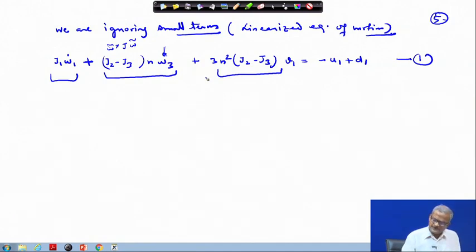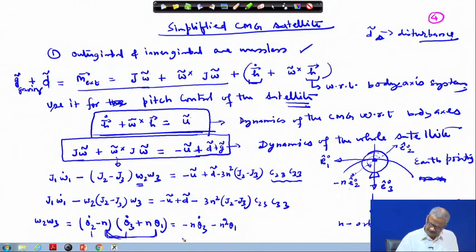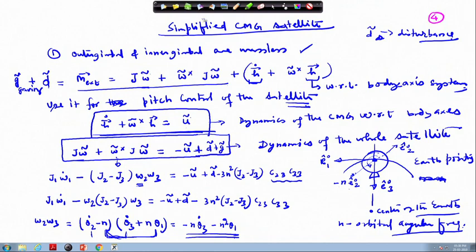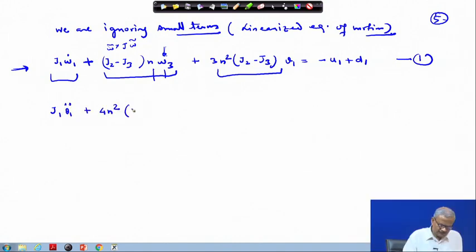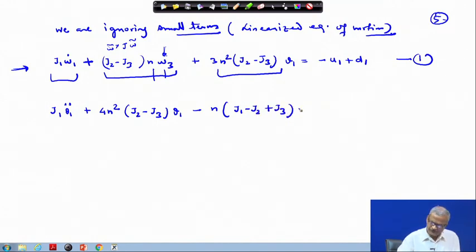and this exercise we have done in the spin stabilization part. So, I am not going to develop it completely, either you write it like this, or what we have done here on the previous page, you can utilize this. Okay. So, after using this kind of formulation, we can reduce the whole system to j 1 times theta 1 double dot plus 4 n square j 2 minus j 3 times theta 1. I am here assuming that you have gone through the earlier lectures.